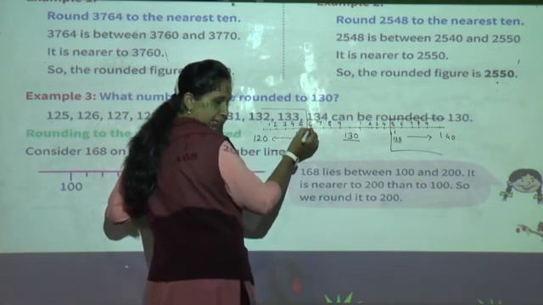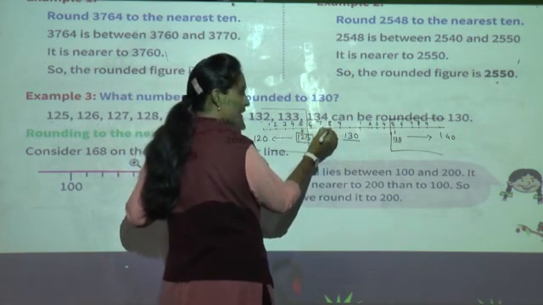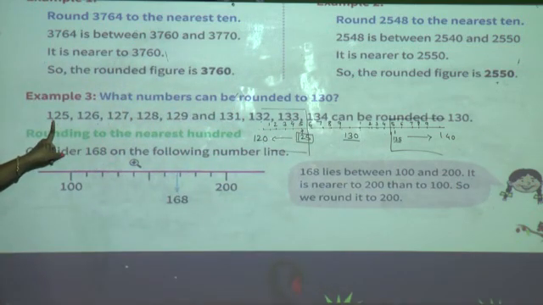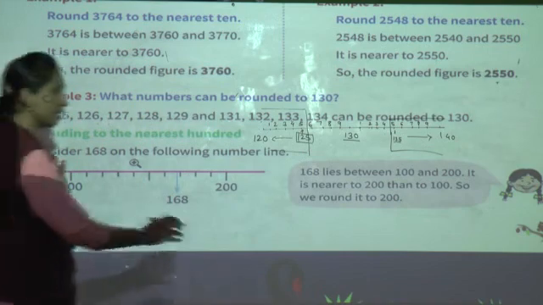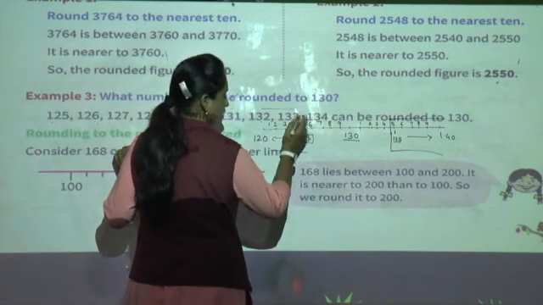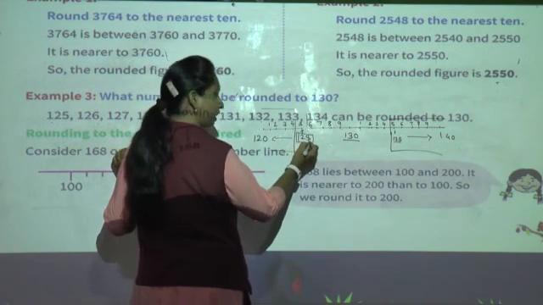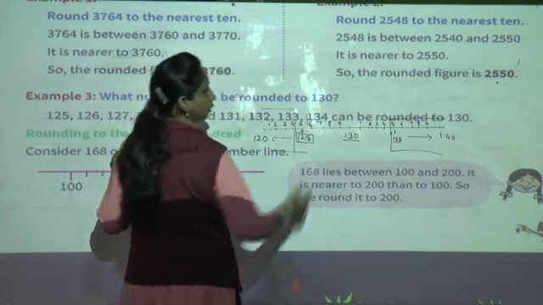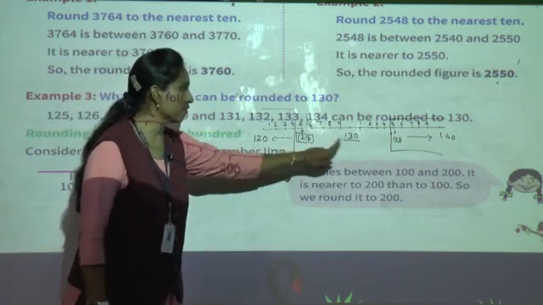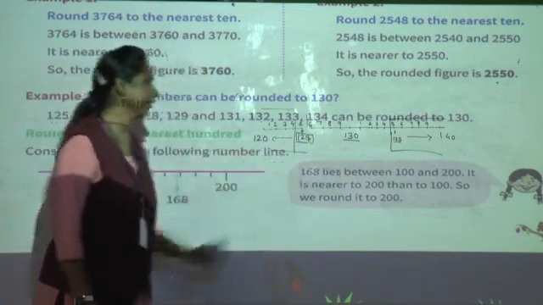After 125 come 126, 127, 128, 129. You can see, 125 itself is nearest to 130.